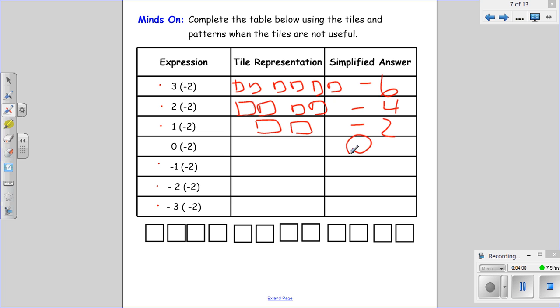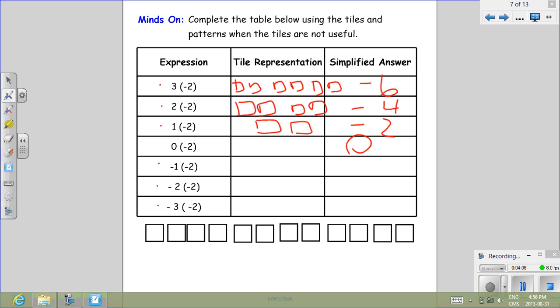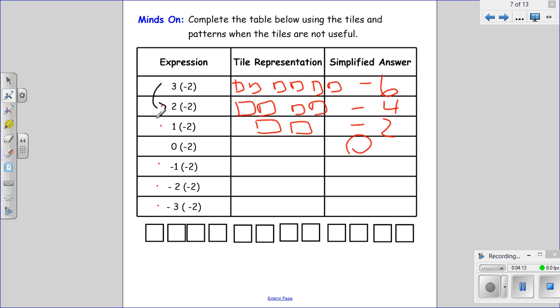How do I do negative 1 groups of negative 2? That doesn't make sense. I need to look for a pattern. So let's have a look here and see what's happening. I'm looking at the number of groups, and the number of groups decreases by 1 every time.